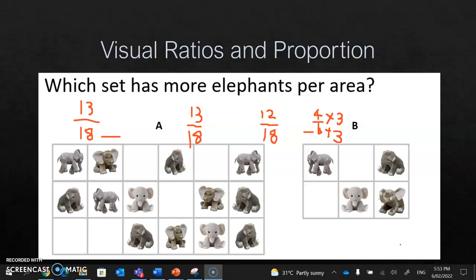Okay, so you can see that set A does actually have more elephants, because 13 out of the 18 squares of area have elephants, compared to set B, which only has 12 of the 18 squares of area covered in elephants. Okay, so by making a fraction with a common denominator, you compare these 2 sets in a fair way.